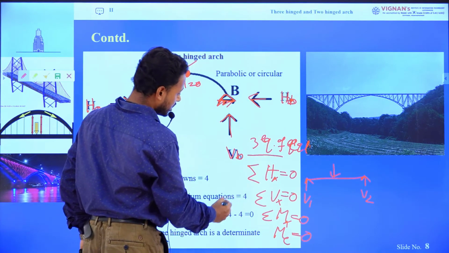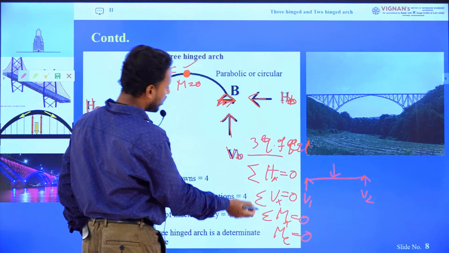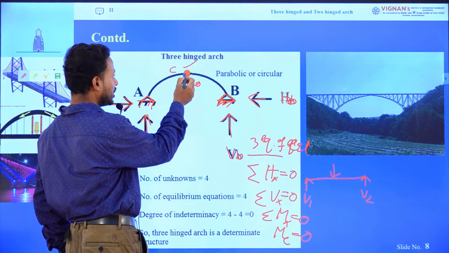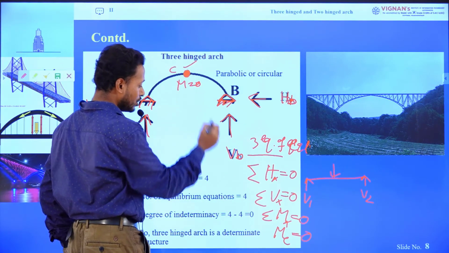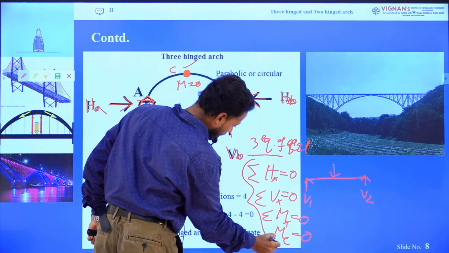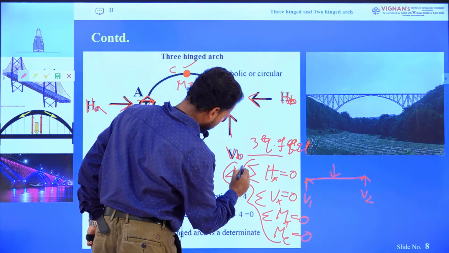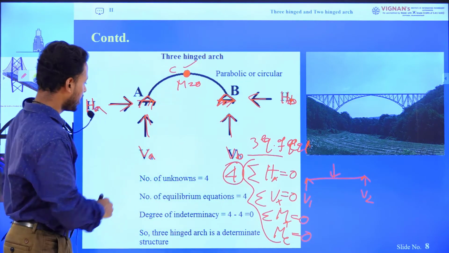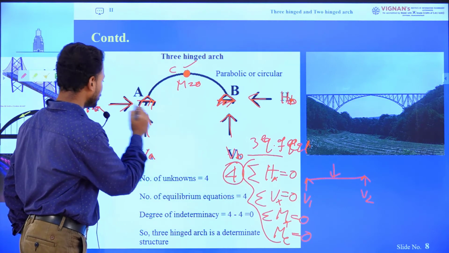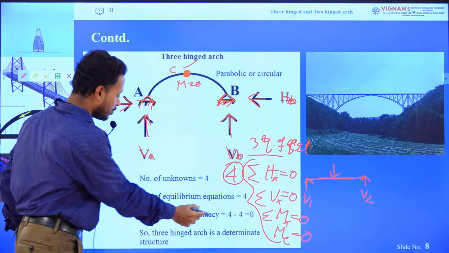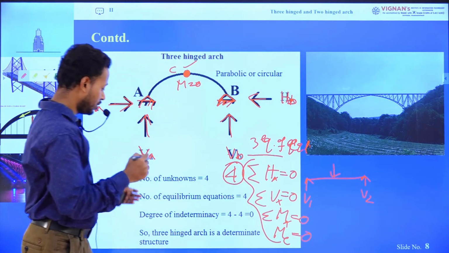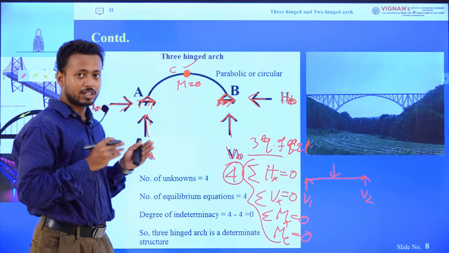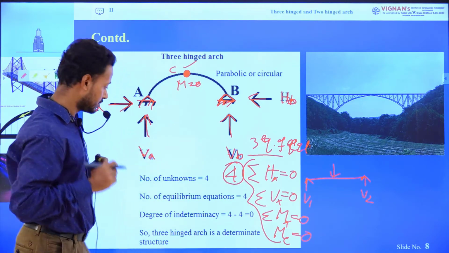So we have 3 equations of equilibrium and 1 extra equation due to this extra hinge at the crown. So we have a total of 4 equations of equilibrium, and we have 4 unknowns, 1, 2, 3, 4. So 4 minus 4 equals 0. So this is a determinate structure, right?